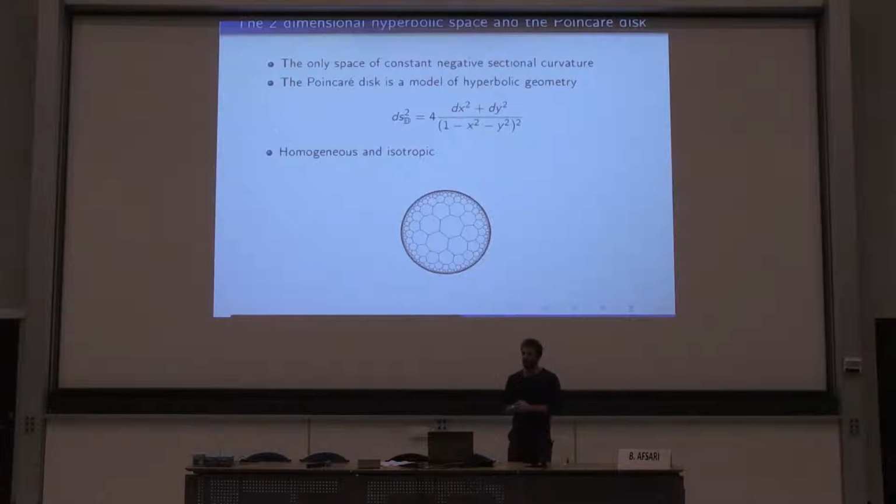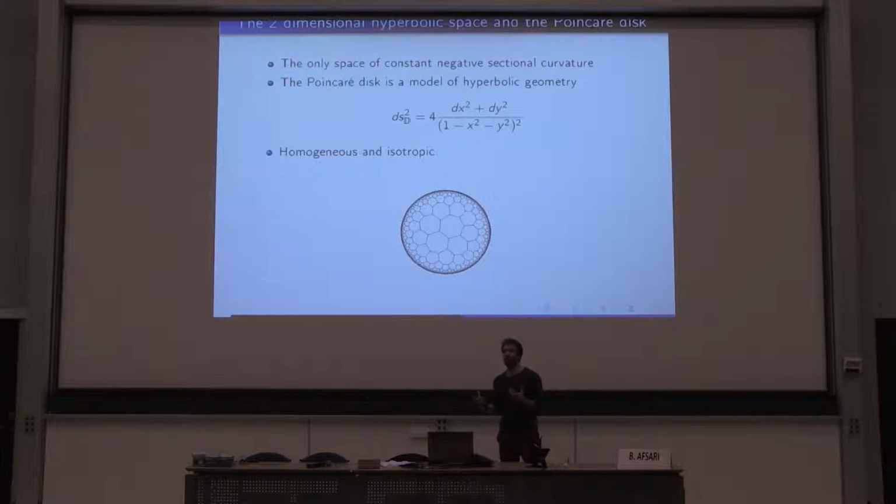Now the hyperbolic space, or the two-dimensional hyperbolic space. We can see this as the only two-dimensional manifold of constant negative curvature. And we will be working here with the Poincaré disk, which is a model for the hyperbolic geometry of dimension 2.